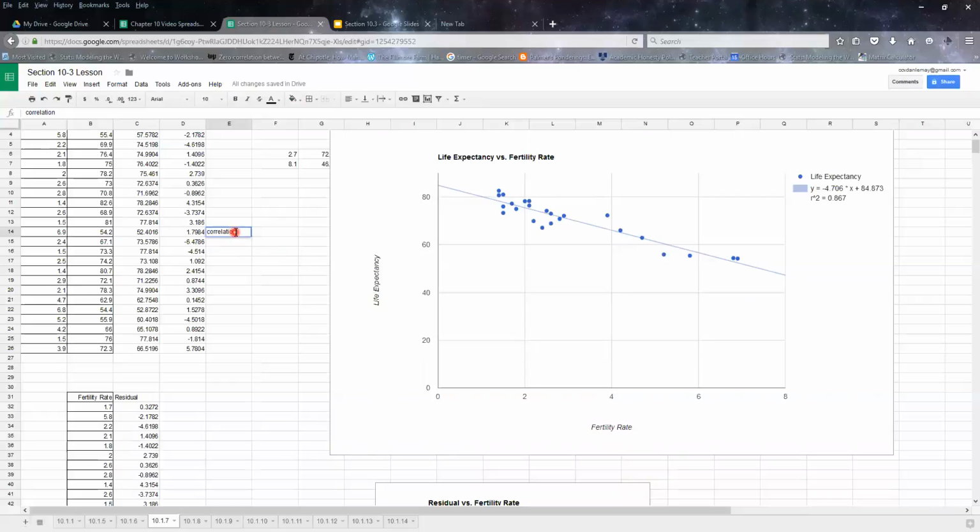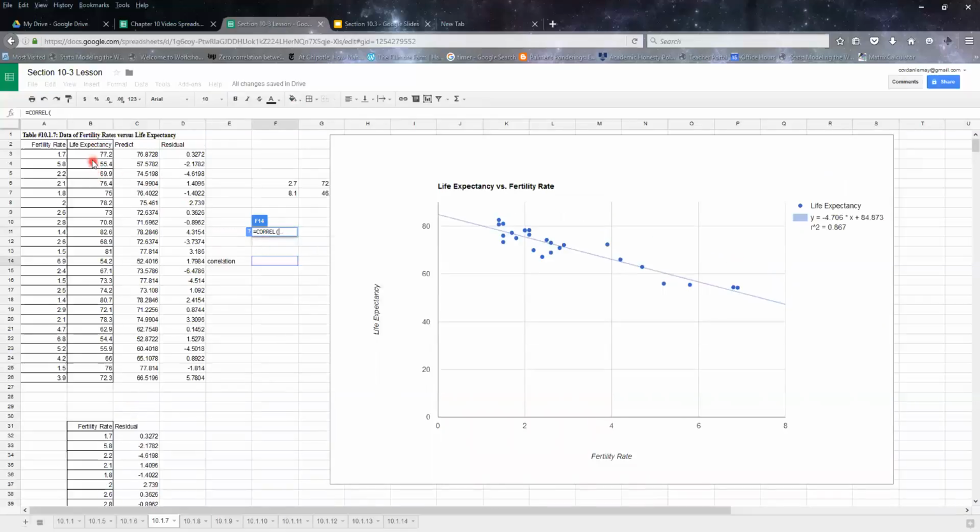I could just write R and do equals CORREL, start typing correlation, and then select your Y variables, comma, select your X variables. I think I got them all. It'll tell me if I don't anyway. So there's the correlation, a negative 0.93-ish.